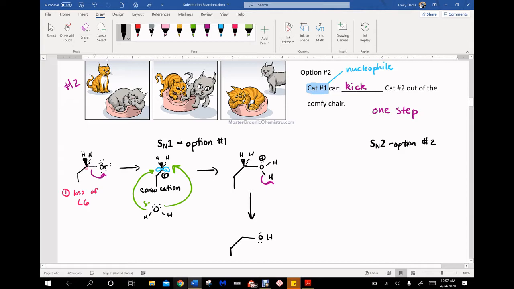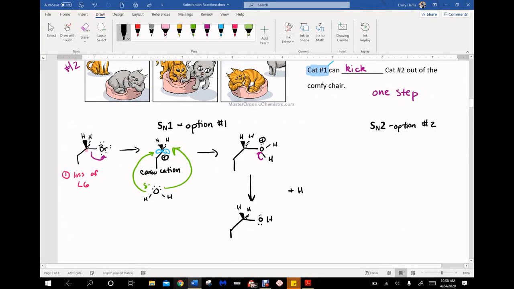Whoops, I didn't mean that hydrogen. I drew the arrows the wrong way, sorry guys. The hydrogen will redonate those electrons to the oxygen to give it that new lone pair, and then it'll go on its way as a positive proton. So we've lost that positive proton over here, and this is our final product.